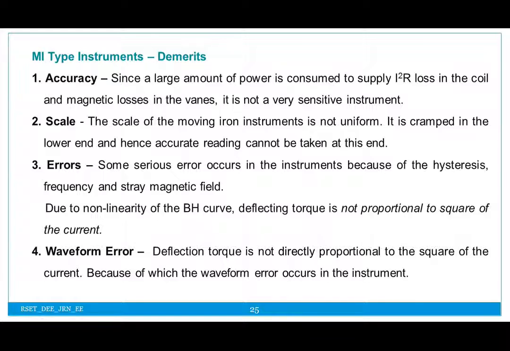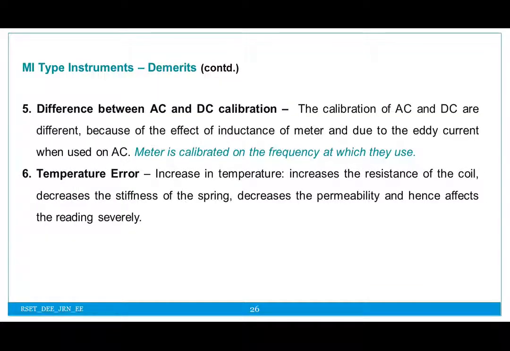We had seen just now that it is proportional to the square of the current, but due to non-linearity of the BH curve, it is not directly proportional. As a result, waveform error occurs in the instrument.